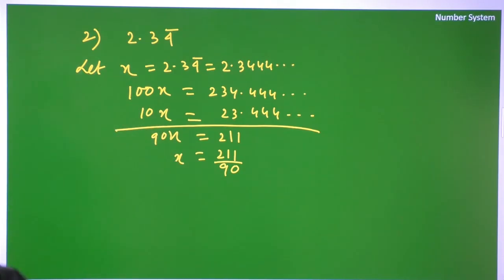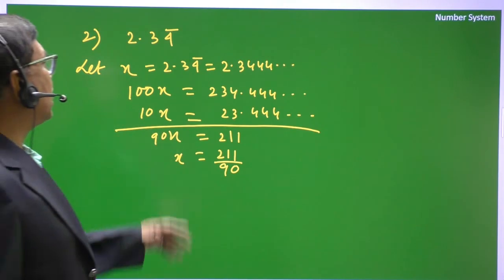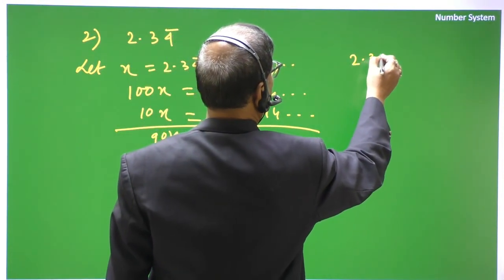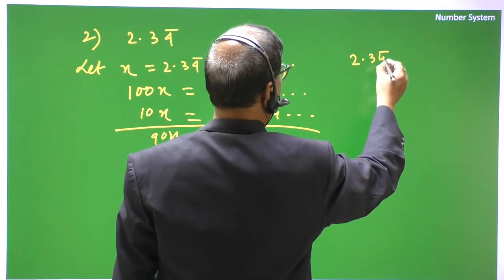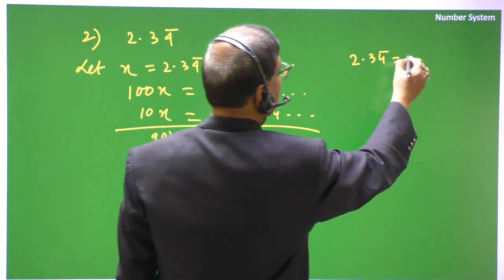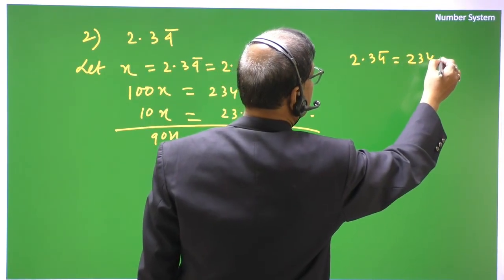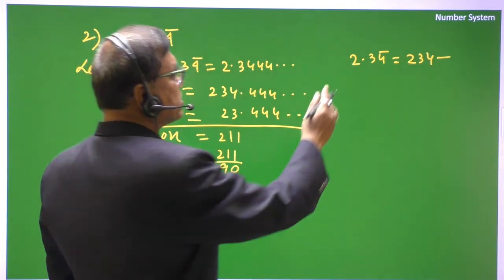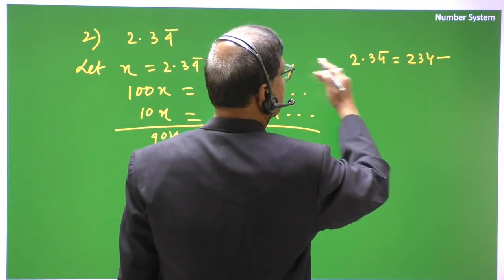But now I will show the shortcut technique, how easily we will get the answer. 2.34 recurring on 4. The simple technique is you write the whole number, then subtract the non-recurring part. That means before recurring, what are the numbers?